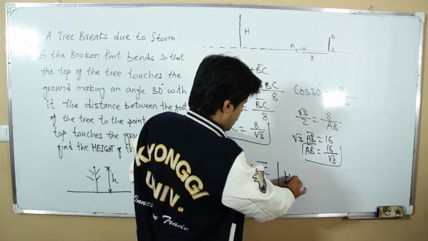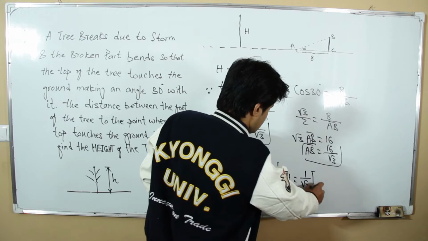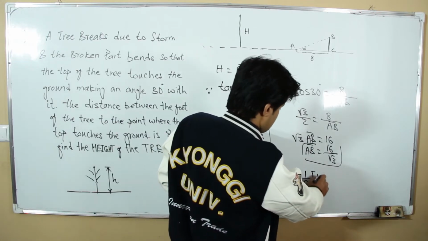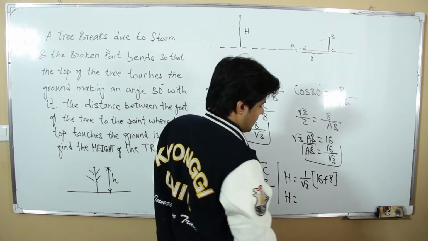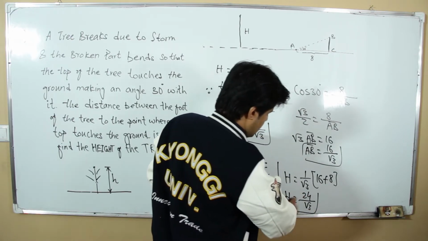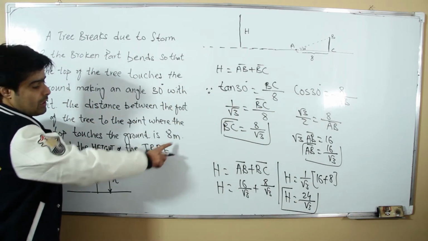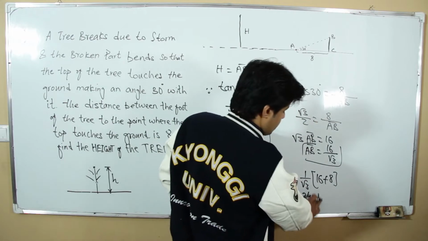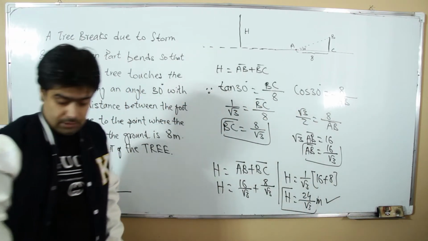So h, taking 1 divided by root 3 as a common factor, the remaining is 16 plus 8. Now h is 16 plus 8, 24, so 24 divided by root 3. Now what is the unit? The unit is, I think, meter. Write it, please.